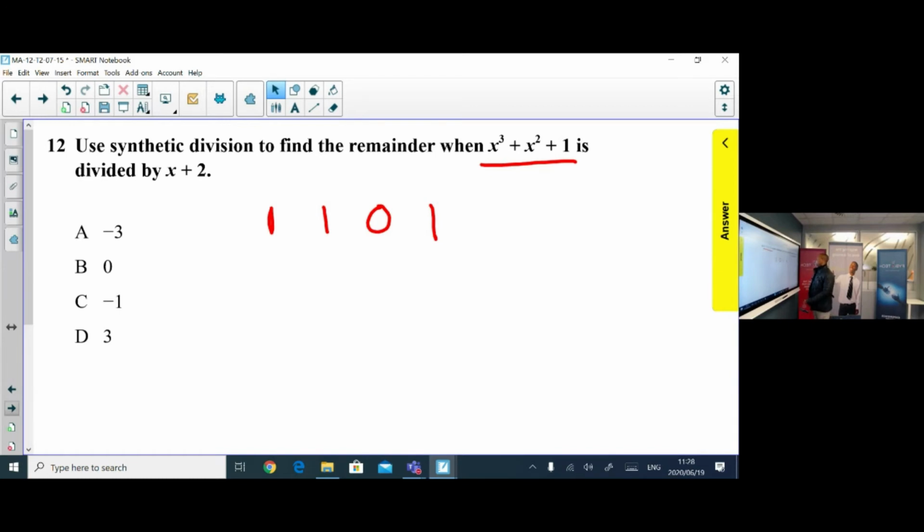And remember also that if you are dividing by x plus 2, it will give you -2 as the number that you are going to multiply with throughout.